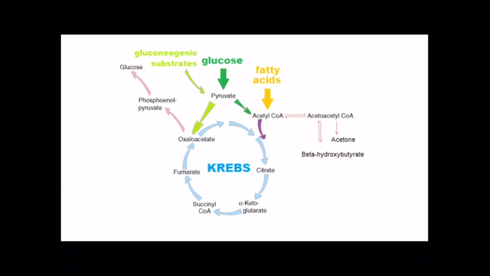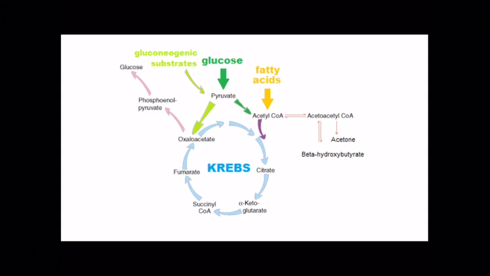So we can do that and then run that glycerol through the rest of glycolysis and end up with a pyruvate molecule and run that through the Krebs cycle and the electron transport chain and get ATP out of it. So from one glycerol molecule, we could yield like half the amount of ATP that we could yield from one glucose molecule, more or less, about half. So that's the glycerol molecule.